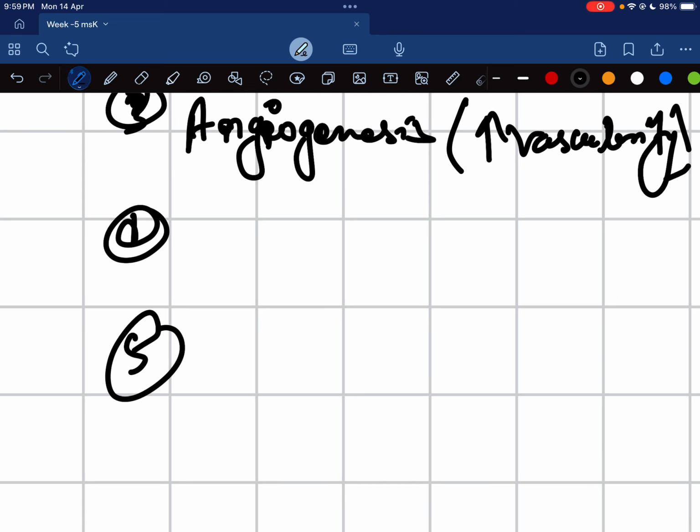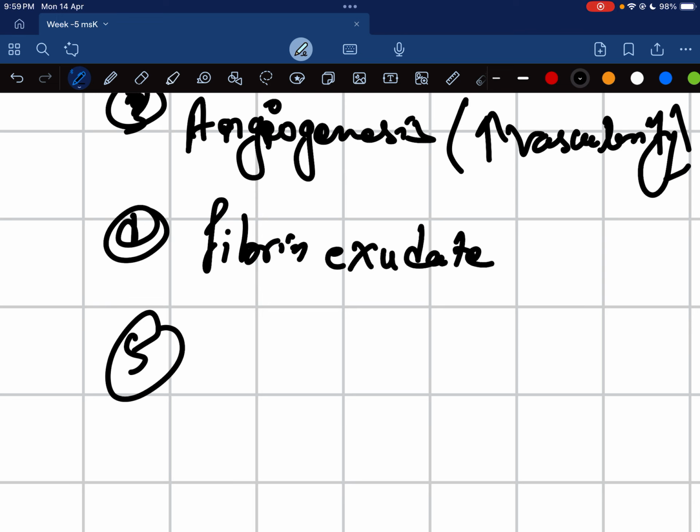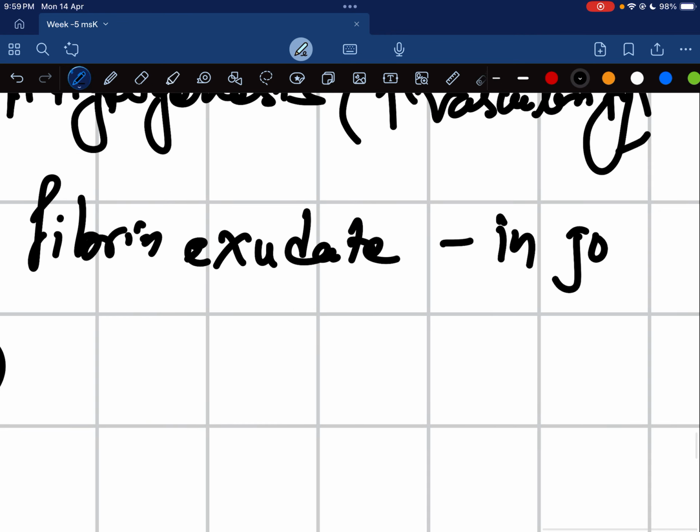Then there is fibrin exudate deposition inside the joint space.